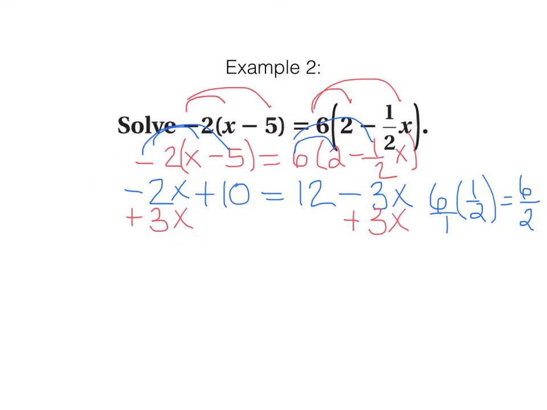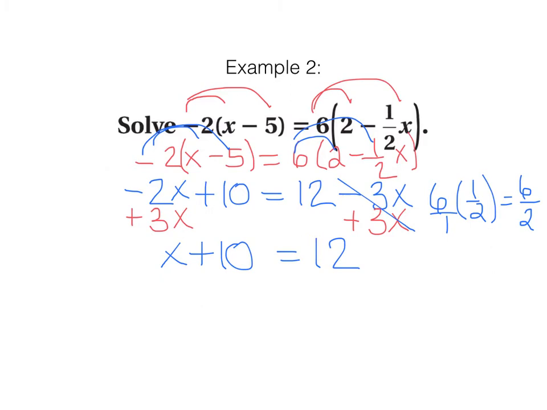So if I simplify or combine them, negative 2x and a positive 3x is just x, plus 10, and that's going to equal 12 because these 3's cancel. Pause the movie and check your notes to make sure you are caught up and have all of these steps written down as examples.